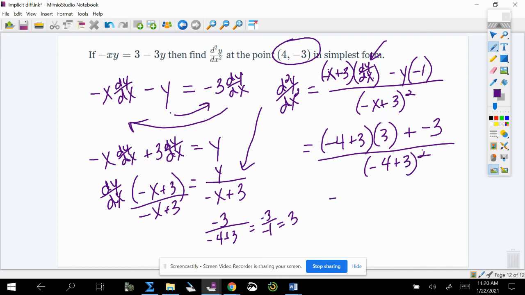So in my numerator, I get negative 1 times 3 is negative 3, plus another negative 3, over negative 1 squared, which is 1. So my answer is negative 6. That is how sometimes they'll do that to get you away from doing a lot of algebra simplifying. Instead of really simplifying and cleaning up the x's and y's, you're just immediately plugging in a given x and y to go to a numeric answer.